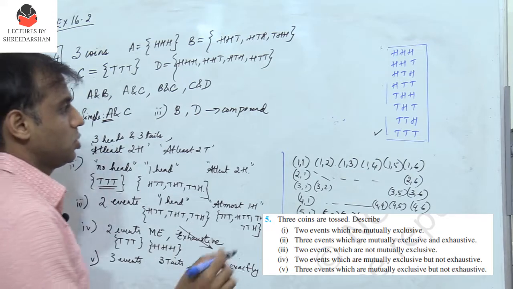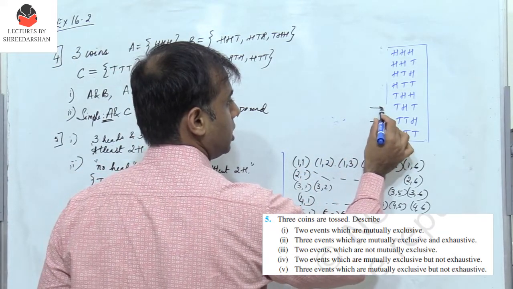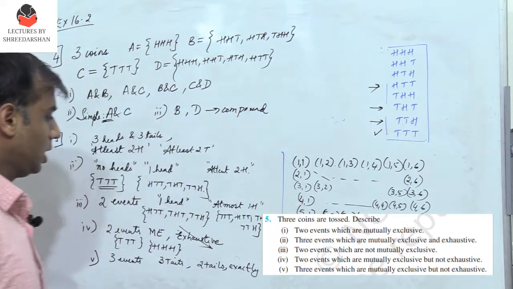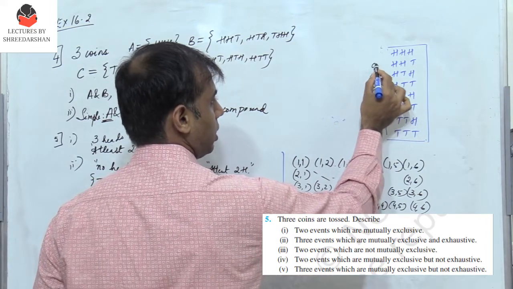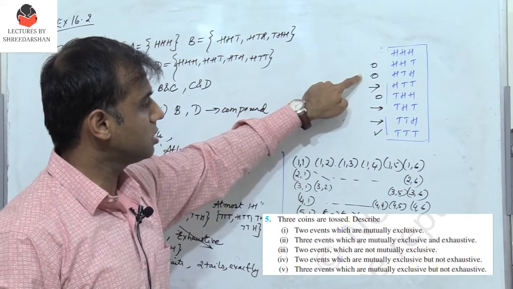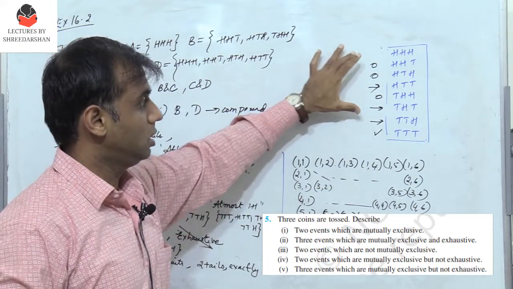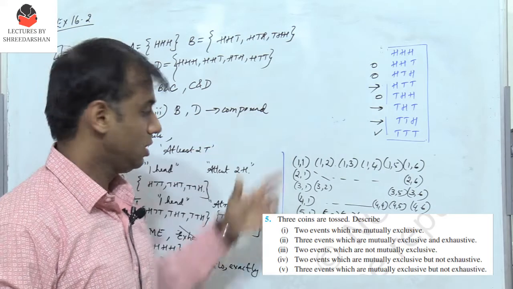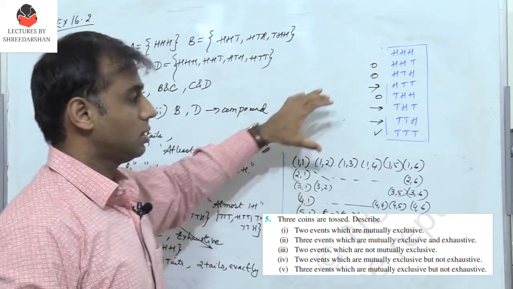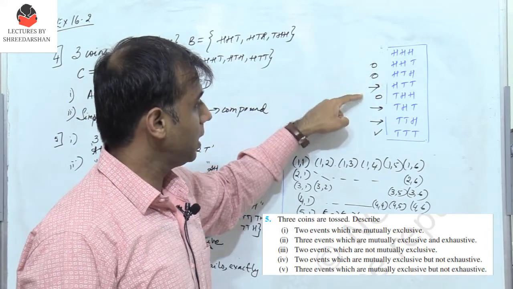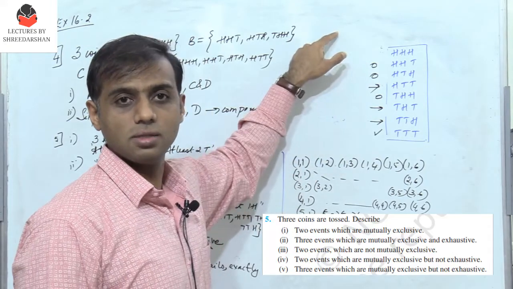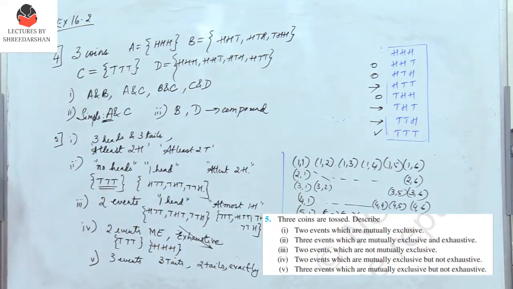Exactly two tails, I have this combination, this combination, this combination, and then exactly one tail. I indicate by circle one tail, one tail, one tail. Is there anything common between the circle, the arrow, and a tick mark? No. That means these three are mutually exclusive, but are they exhaustive? No, because there is one outcome which has been left out. If I combine all these three events, I still do not get the sample space. So this is an example of three events which are mutually exclusive, but not exhaustive.